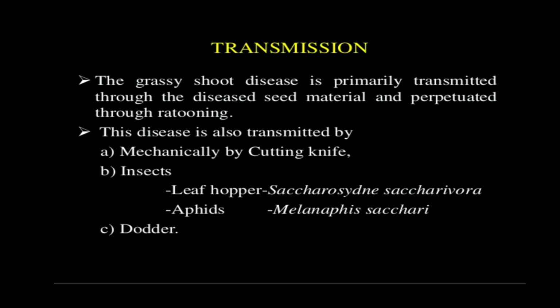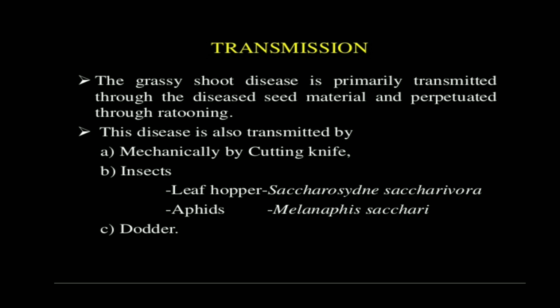How will transmission take place? Transmission means from where the plant will get infection of this mycoplasma. The grassy shoot disease is primarily transmitted through diseased seed material. If the seed gets infected by this mycoplasma, then 100% the plant will also be infected, and it is perpetuated through the ratoon, right?